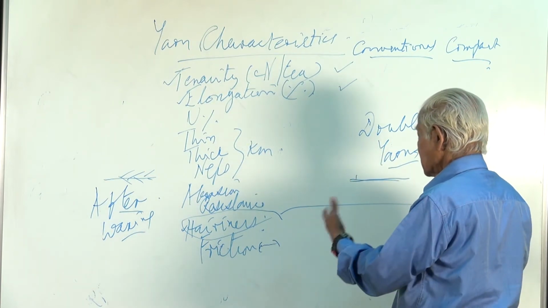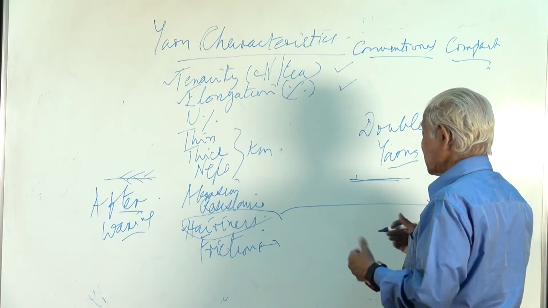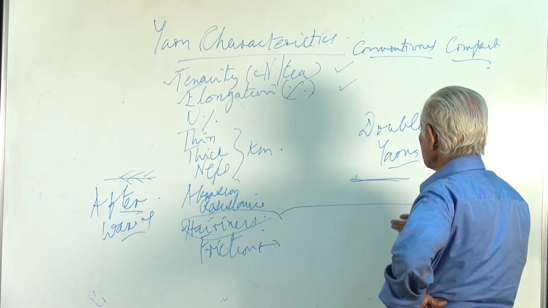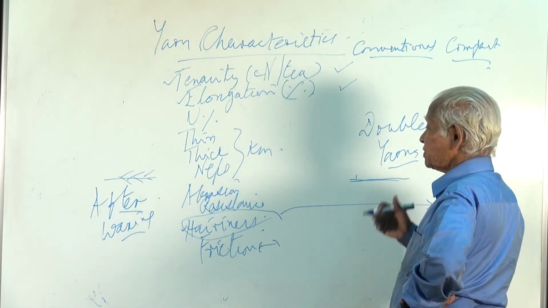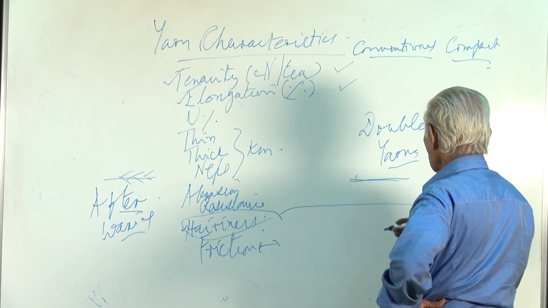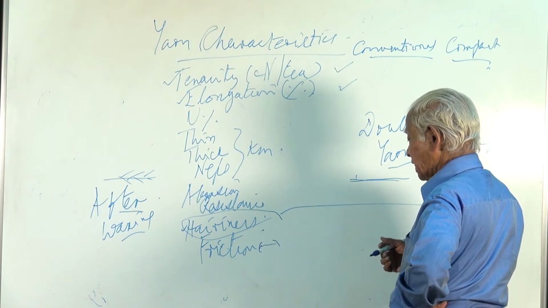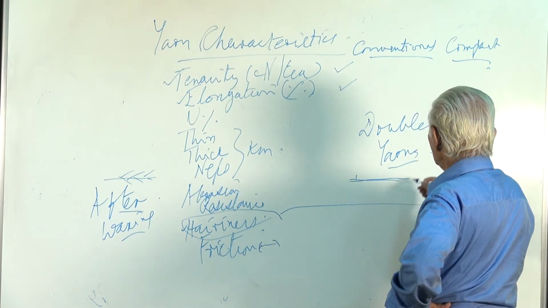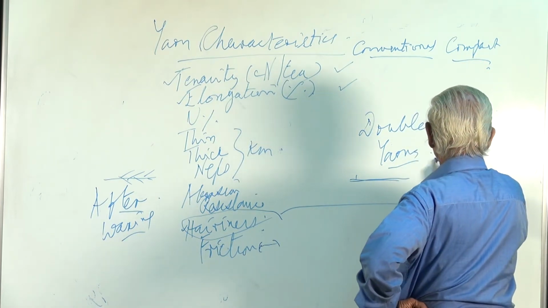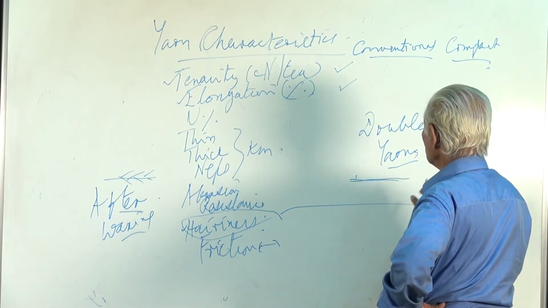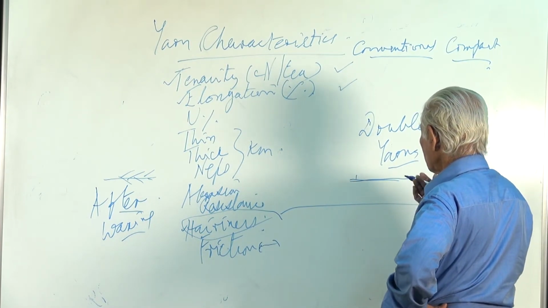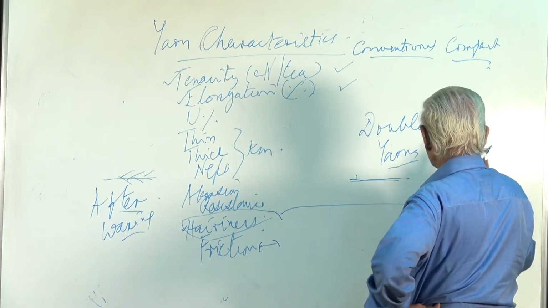That means an additional process. But it is a debatable point whether sizing is to be given or it can be eliminated. So it all depends on the mill's view and what they have in their mind. But double yarns are used in suitings. Most of the suitings, 100% suitings, whether it is polyester cotton or polyester wool or polyester viscose, double yarns are used.